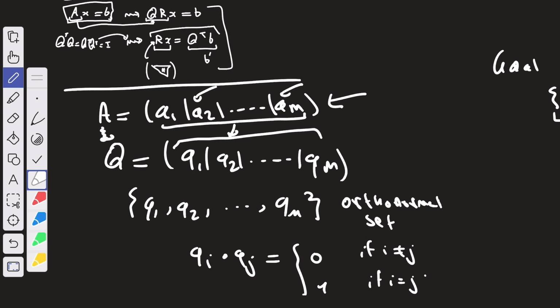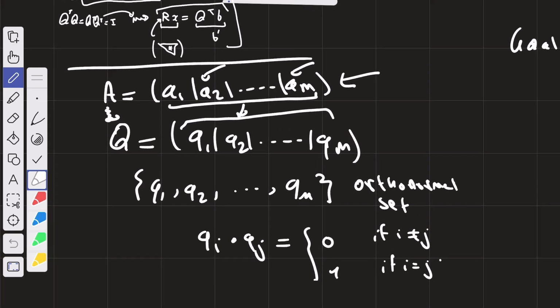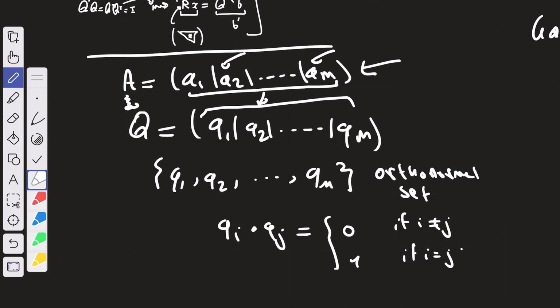Now, to do that, of course, we need some machinery, some tool to do that. But let us see what it is that we require from the Qi to satisfy. Well, it's quite an easy and standard exercise to show that a unitary matrix has columns that form an orthonormal set. And what is that?